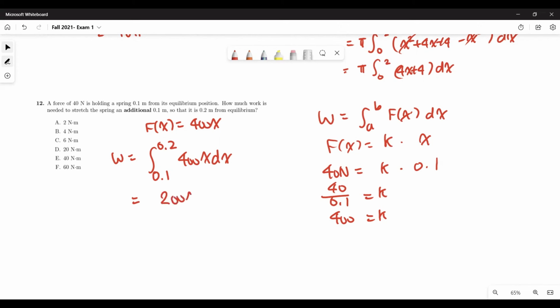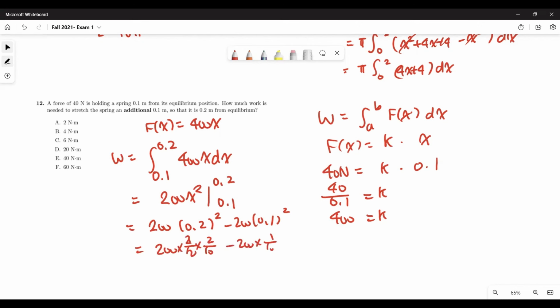So 200x squared from 0.1 to 0.2. So 200 times 0.2 squared minus 200 times 0.1 squared. This will just give you 8 minus 2, so 6 N. So the answer is C.